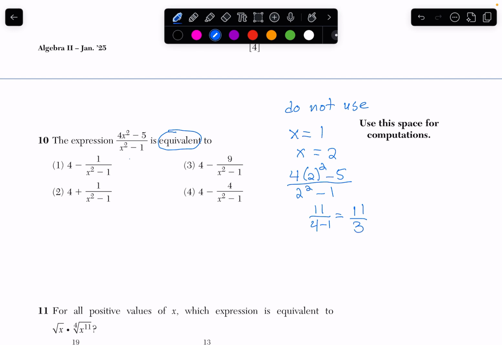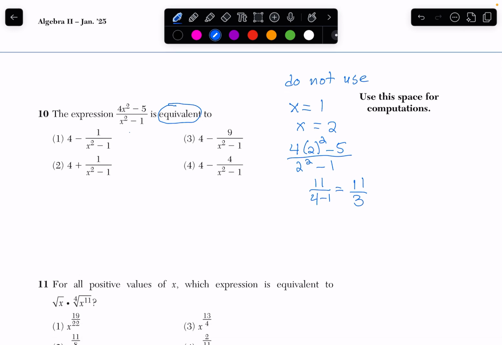Okay, now let's try it with the first expression. Let's see if it works. Let's do 4 minus, and I know it works, so I'm going to just put it in. Right, 4 minus 1 over 2 squared minus 1, which becomes 4 minus 1 over 3.